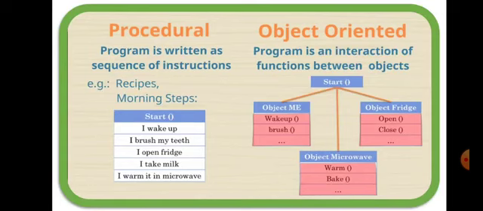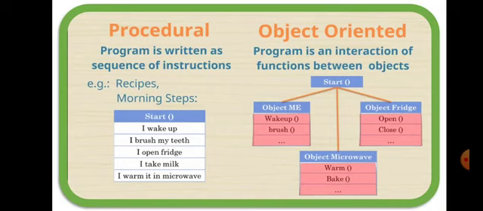Yeah. Now, what is procedural and what is object oriented? We will see what is procedural and what is object oriented, and I am sure you are quite aware that procedural and object oriented come under high level language, which is more user friendly and closer to the human language.